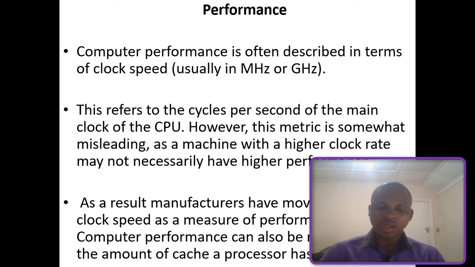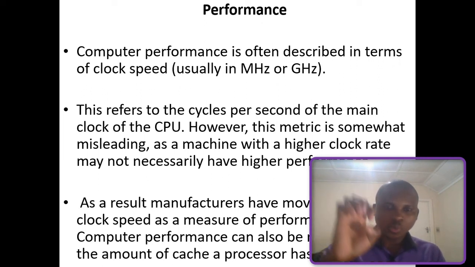You can have a greater clock speed, but if you don't have RAM, you have nothing on your machine. If you don't have a good size of cache, you have nothing. If you don't have a good size of hard drive, you have nothing, because large programs also need some virtual memory from your hard drive, guys. So all those things actually affect your performance.